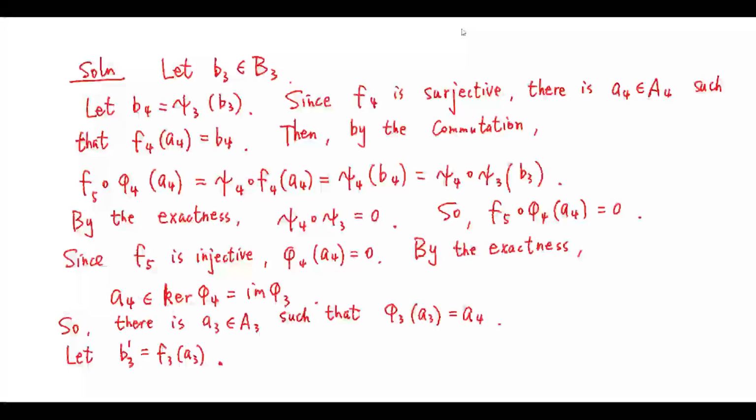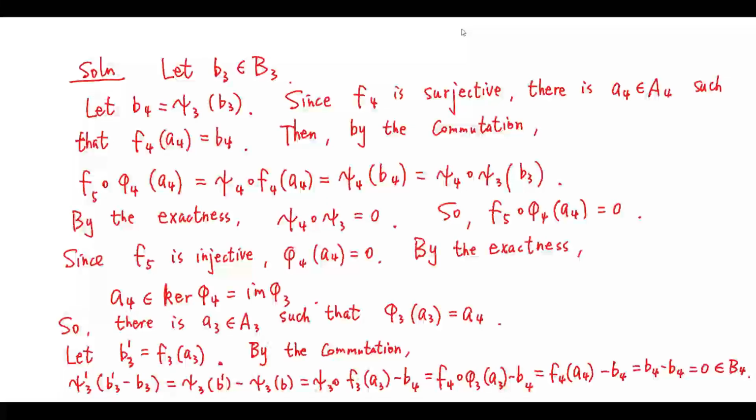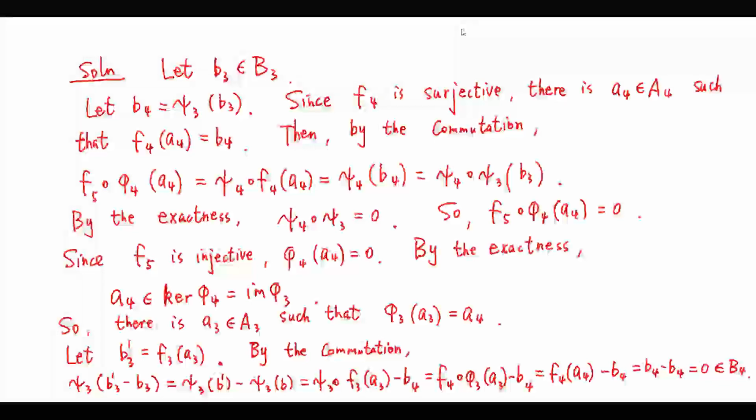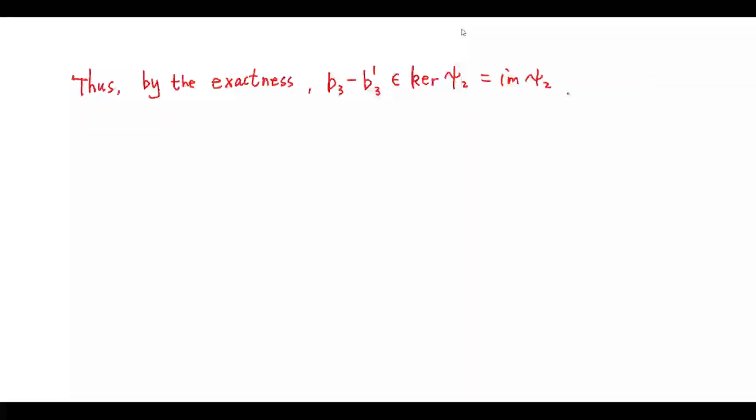Let B3 prime equal F3 A3. By the commutation, we see that C3 (B3 prime minus B3) equals 0. This implies B3 minus B3 prime is in the kernel of C3.